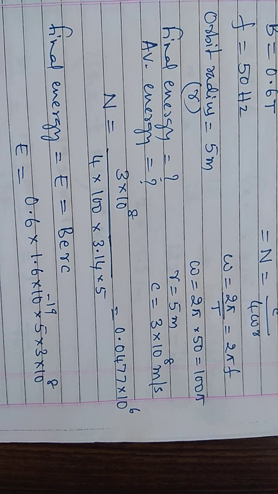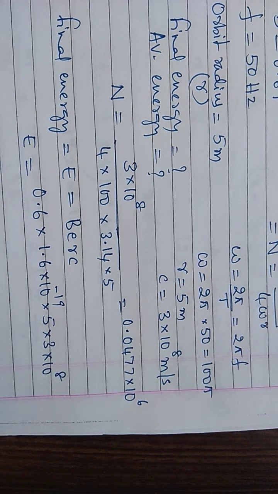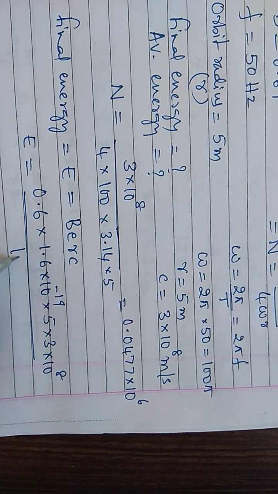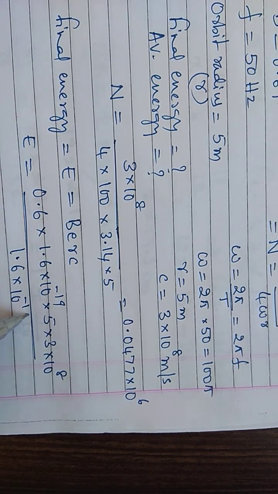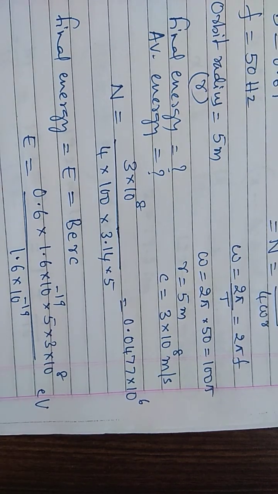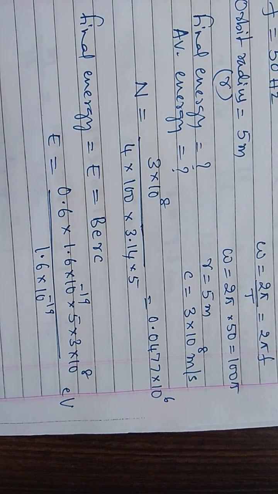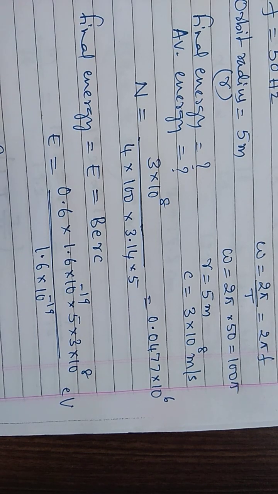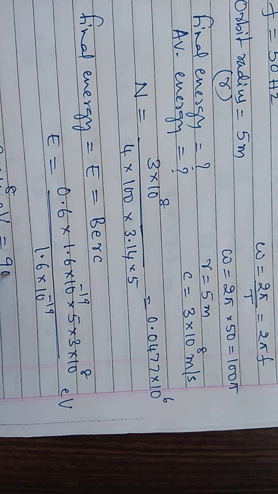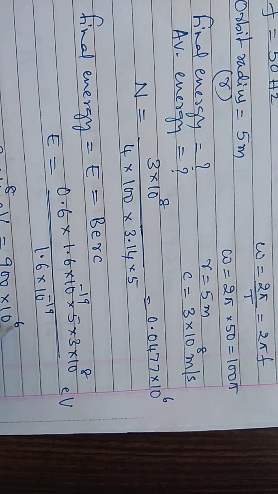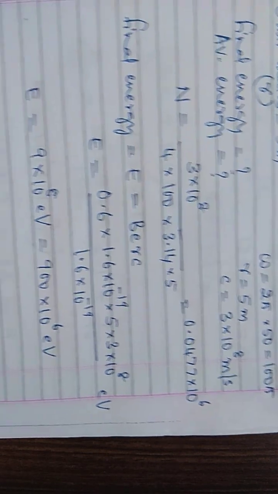You will get it in terms of joules. To convert in the form of EV, divide by 1.6 10 to the power minus 19. You will get it in terms of EV. If it is not divided by this, you will get it in terms of joules. Divided by this, it is equal to EV. Therefore, final energy is given by 9 into 10 to the power 8 EV, or I can write 900 into 10 to the power 6 EV.